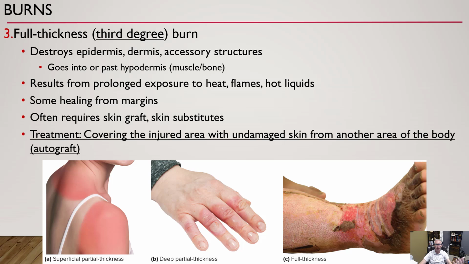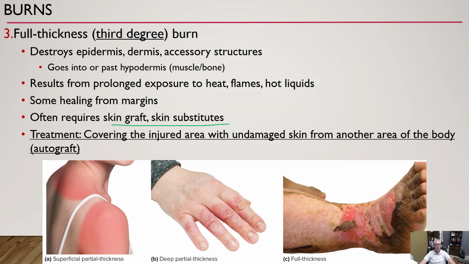You're trapped in a burning house. You can't escape. It's not like oops, I burnt myself and I yanked my hand away. It's I burned myself and the fire is still on there for a prolonged period of time. This is often going to require grafting, skin graft.